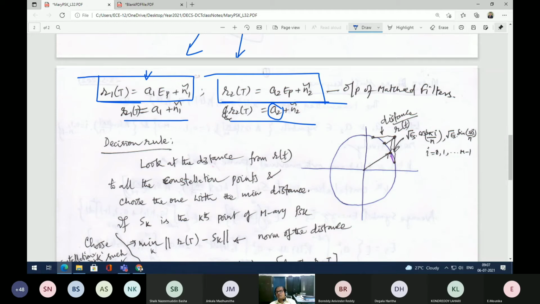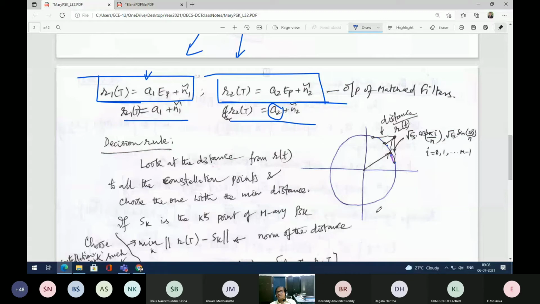All have the same amplitude but different phases. I'm taking 4 points here just as an example of M-ary PSK; M can be 16 or 8 or whatever it is.